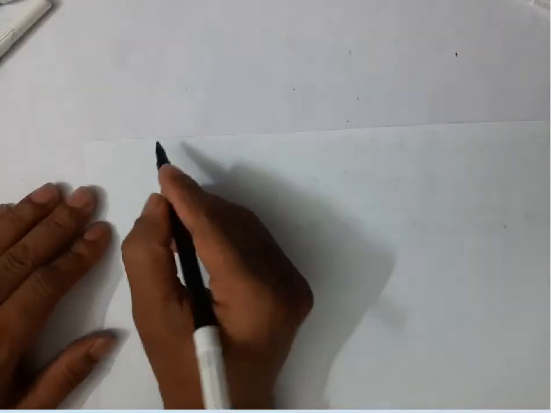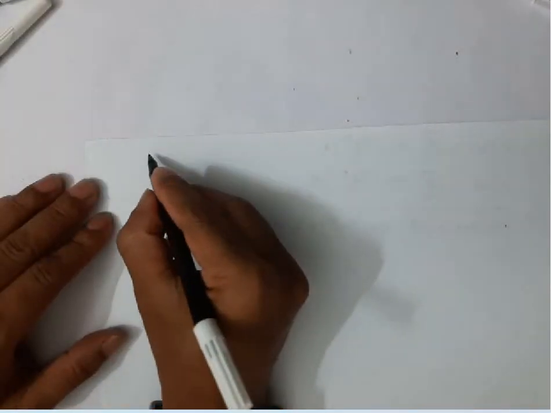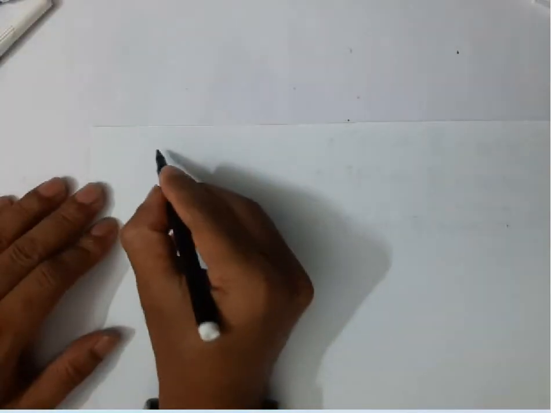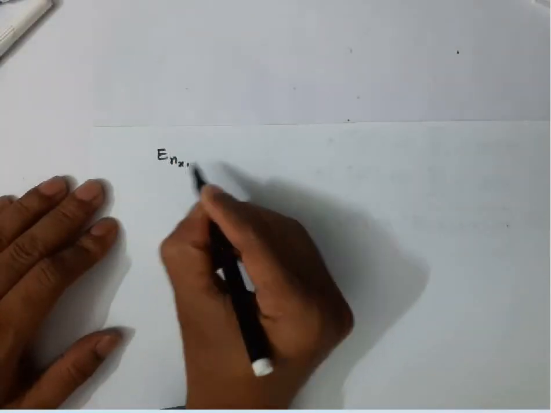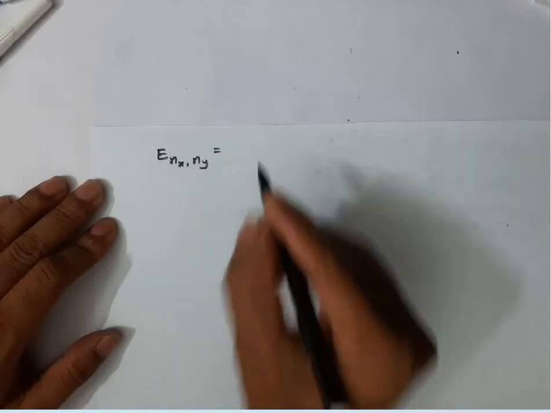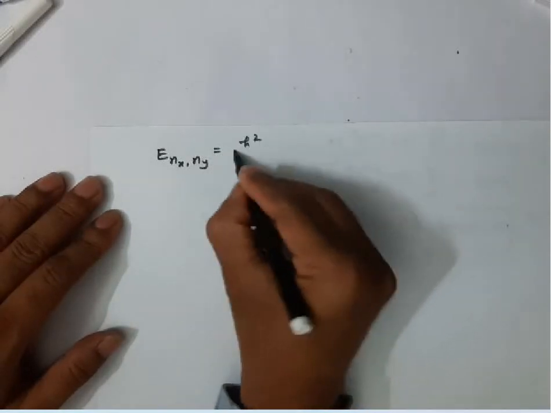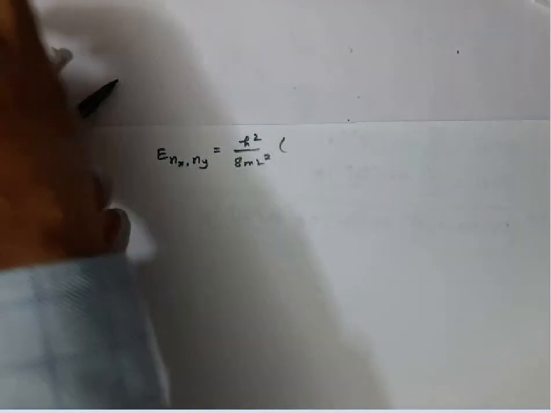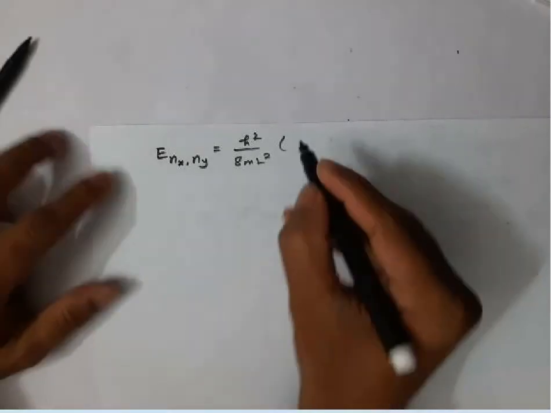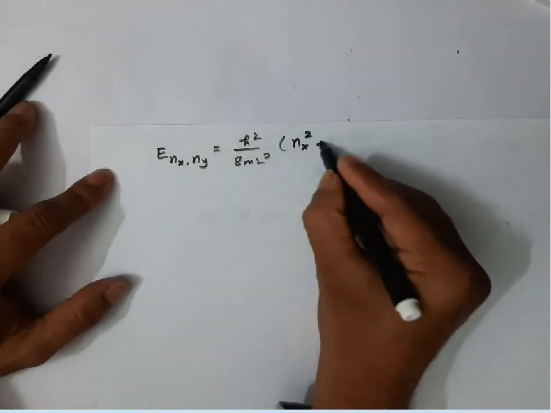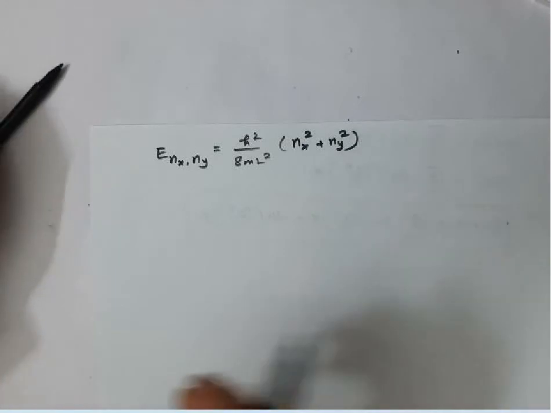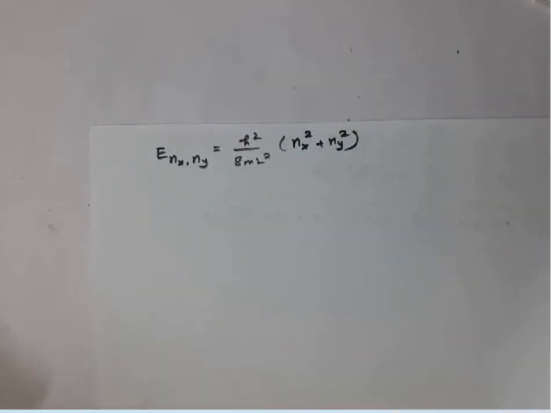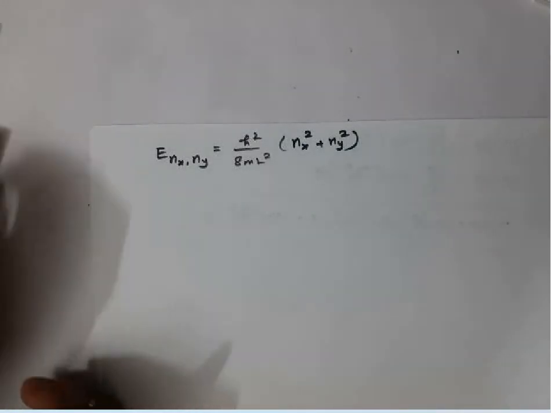We know very well the energy for a particle confined in a square 2D box, which depends on two quantum numbers nx and ny, is given as h square by 8ml square into nx square plus ny square. This is the energy expression for a particle confined in a square two-dimensional box.